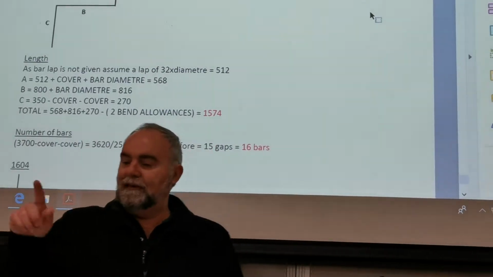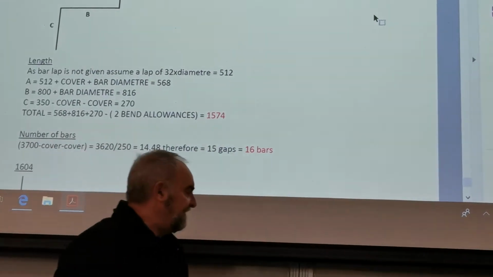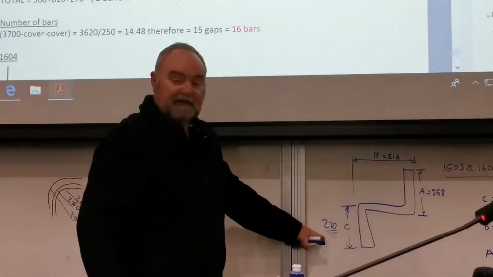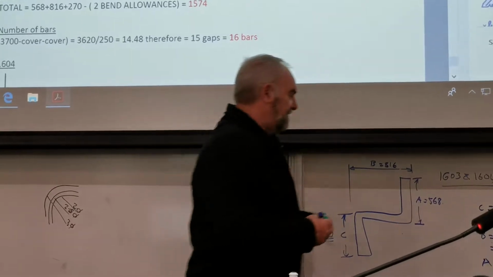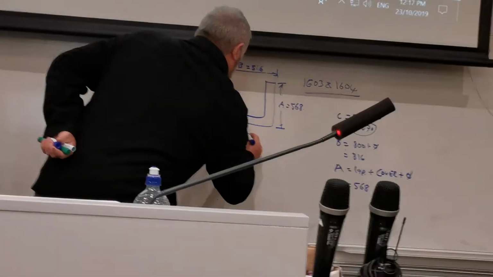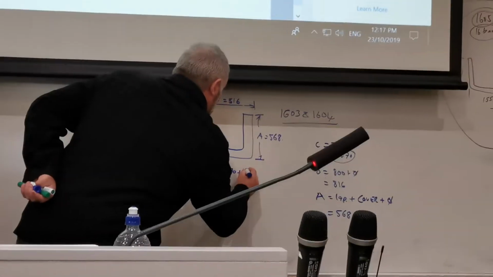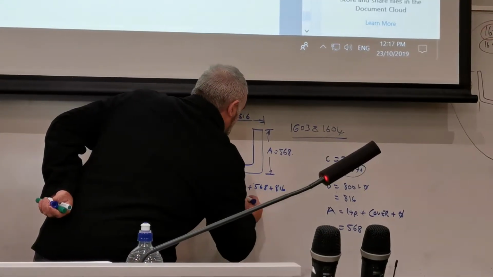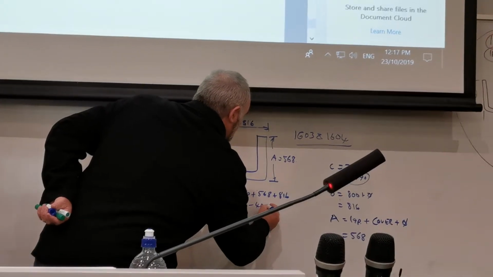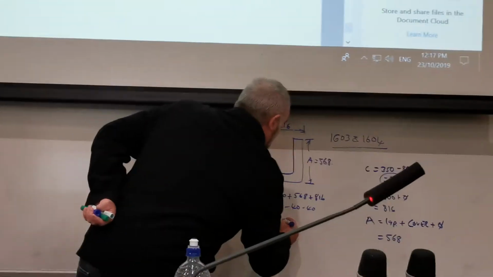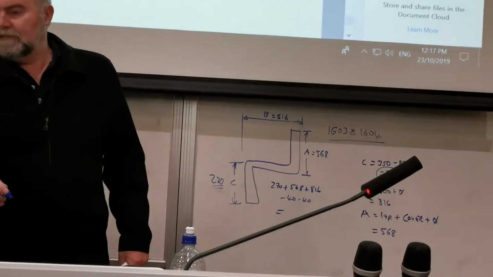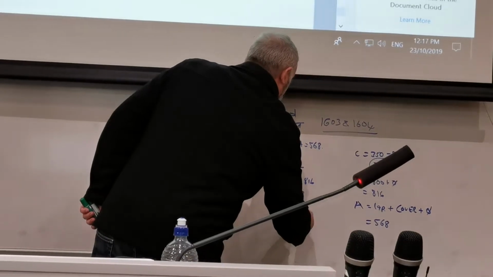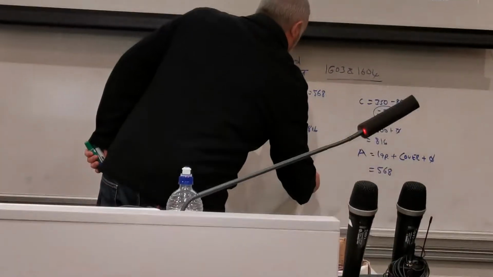So, of course, there's two bend allowances. So it's 270 plus 568 plus 816 minus the two bend allowances, 40 minus 40, equals 1570. 1,574.